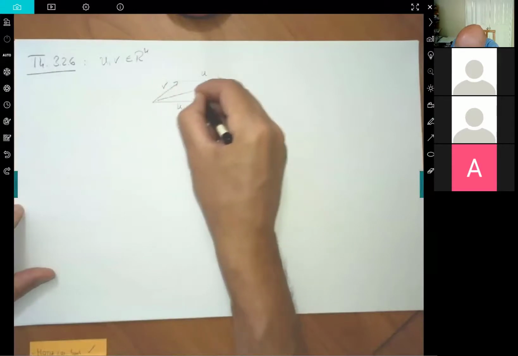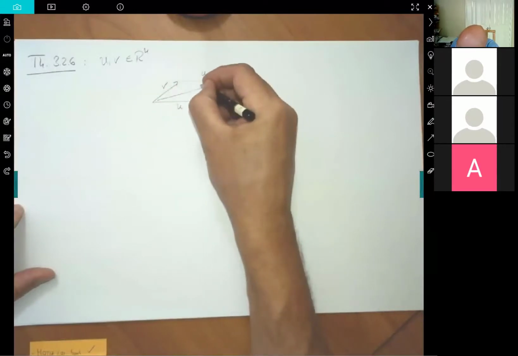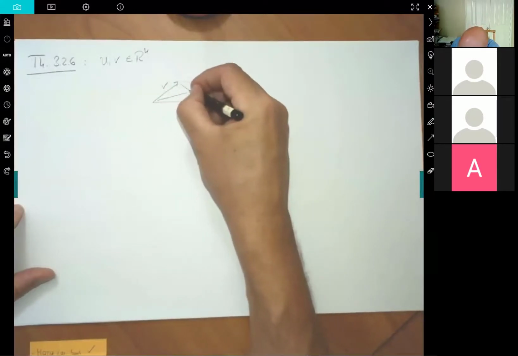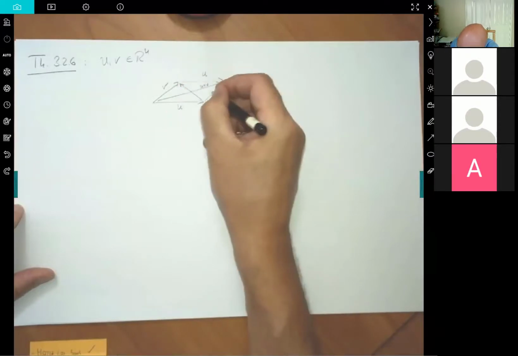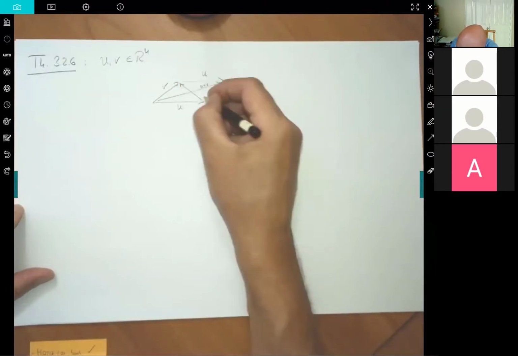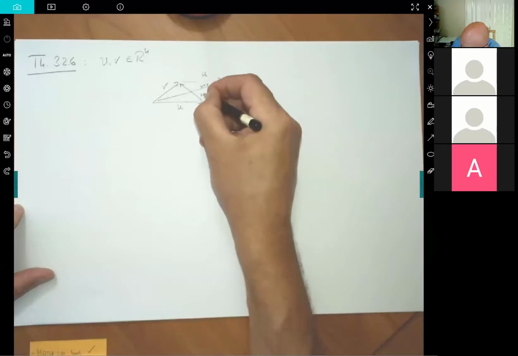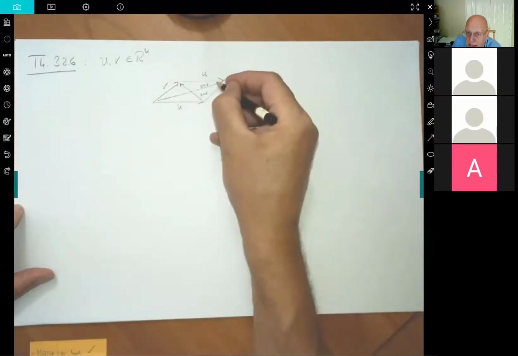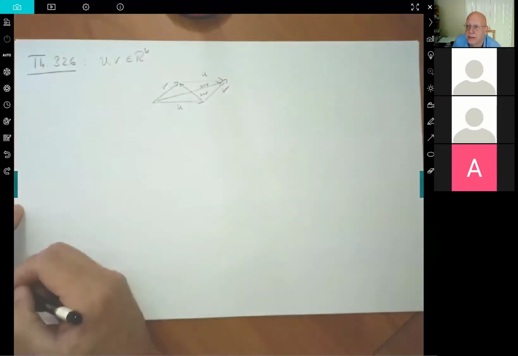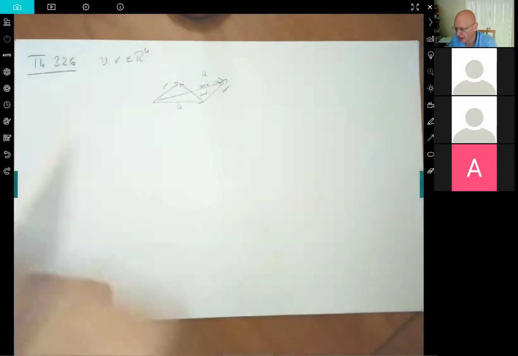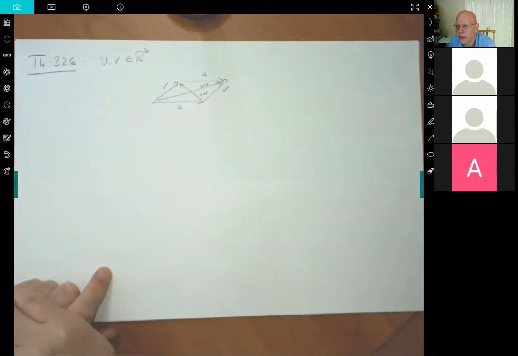Then this here, this diagonal is u plus v, and this diagonal is u minus v. So one diagonal is u plus v, one diagonal is u minus v. And now this theorem is called the parallelogram equality.